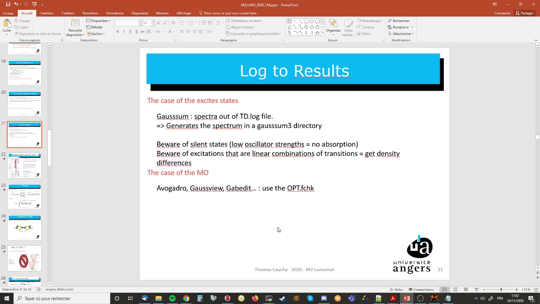Okay? We now can generate your own spectra. You can understand and describe your excitations, and this is only the absorption part. You can generate your orbitals, and if you have the reports, you have the electronic density differences.